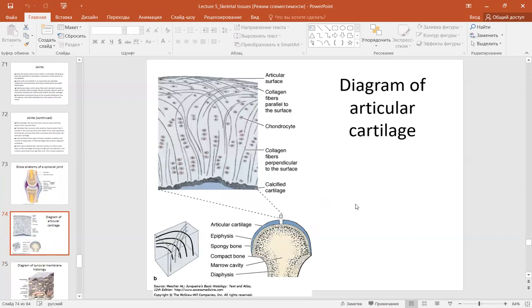Here you have the specificity of the articular cartilage, where the calcified cartilage is within the depth. Then come the collagen fibers arranged at a right angle to the surface.